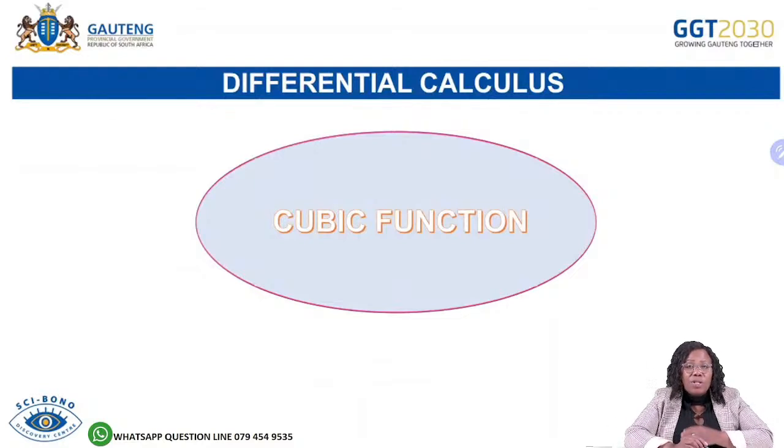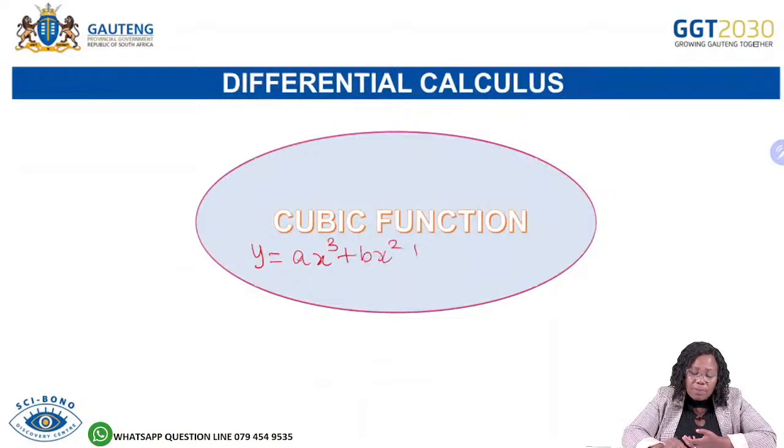So cubic function is the graph of the calculus, and then with the original equation y is equal to ax cubed plus bx squared plus cx plus d. So that is the original equation of a cubic function.